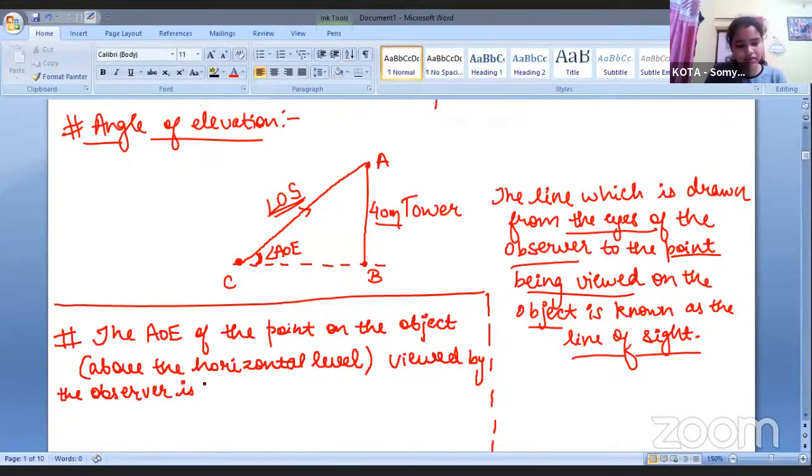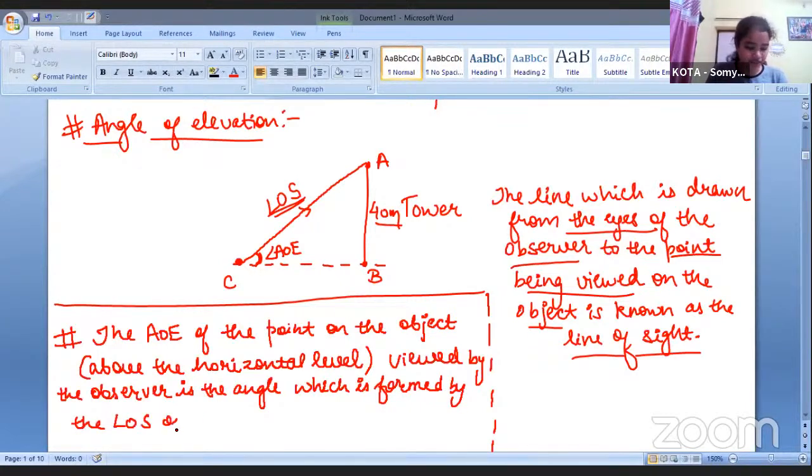is the angle which is formed by the line of sight. Oh, sorry, it is not of, it is with the horizontal level. It is such a confusing definition. That is why I was not willing to make you write it.